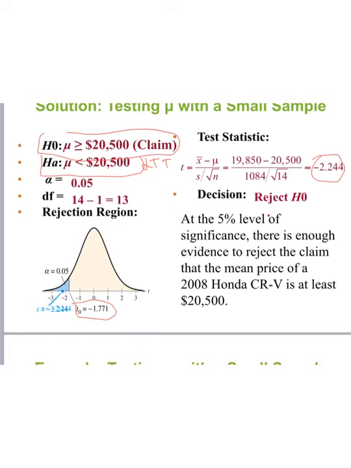If you reject the null hypothesis, think about it, it was connected to the claim itself. So at the 5% level of significance, there is enough evidence to reject the claim that the mean price of 2,800 CRV is at least 20,500.